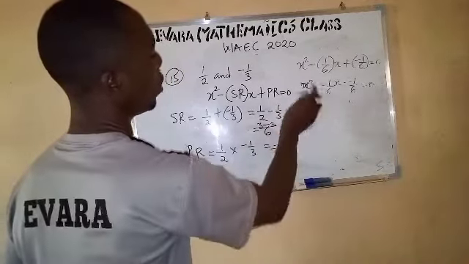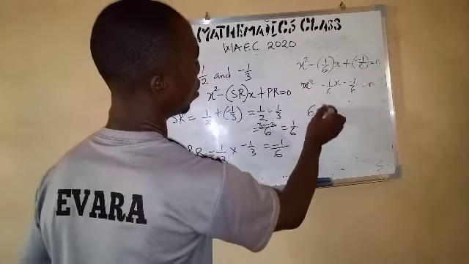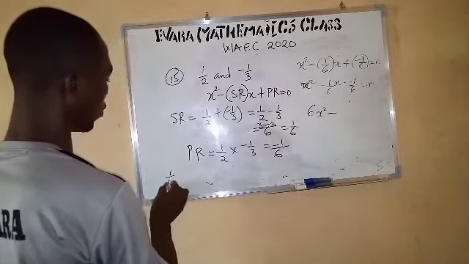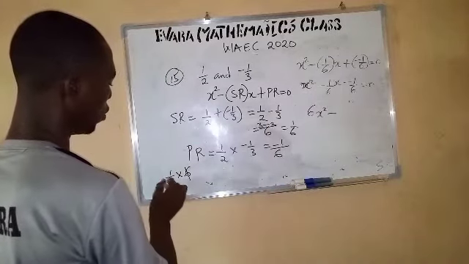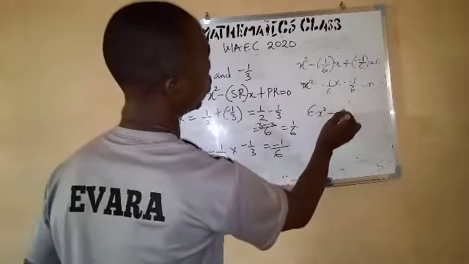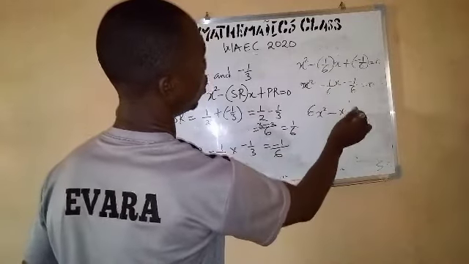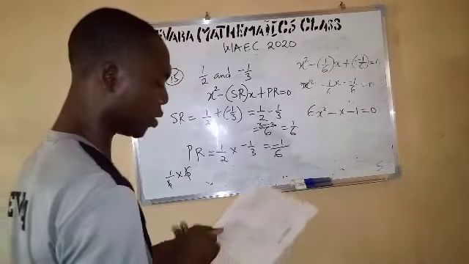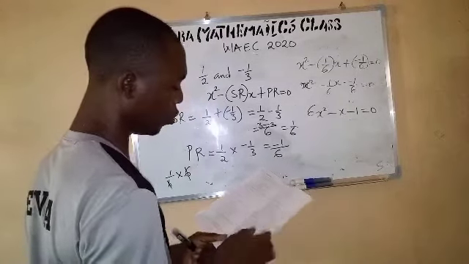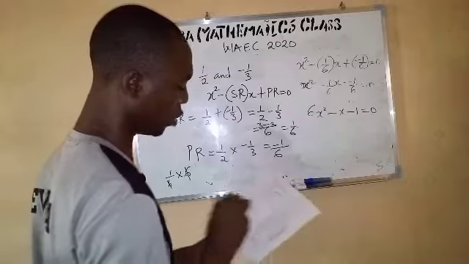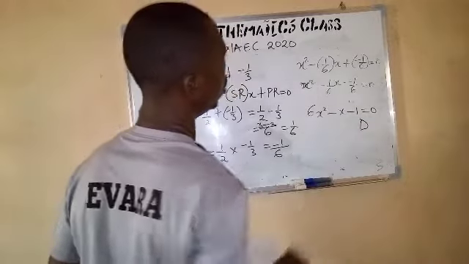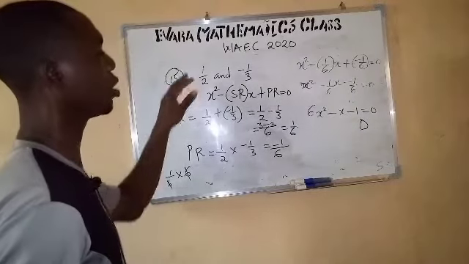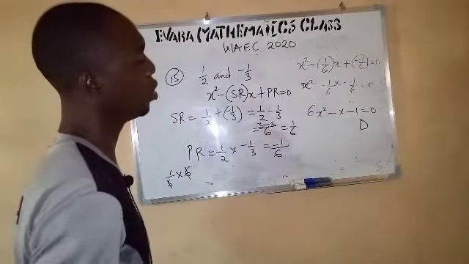So if you multiply this one by 6, you have 6x squared minus, 1 over 6 multiplied by 6, 6 cancels 6, we are left with only x. Same thing here, we'll be left with 1 equals 0. So this is the quadratic equation that produces those two roots, and this is option D. So that is how to construct a quadratic equation from given roots.